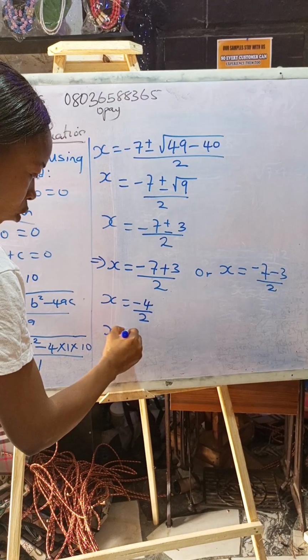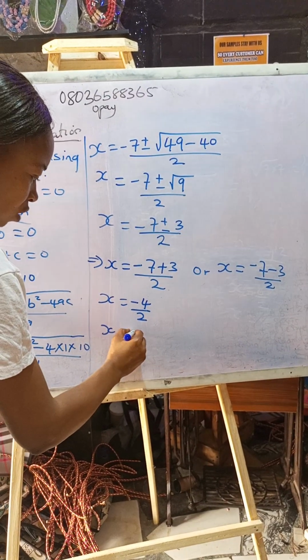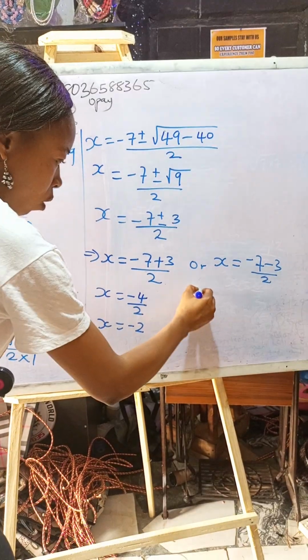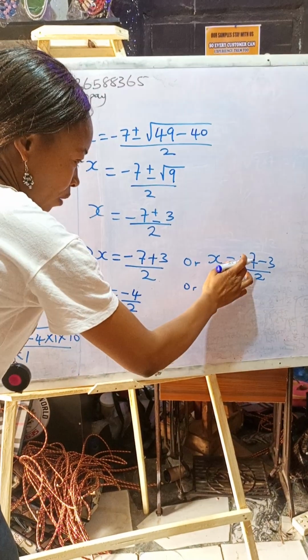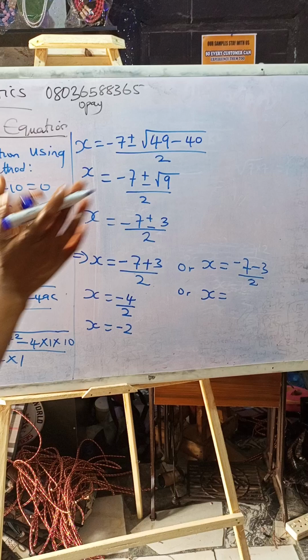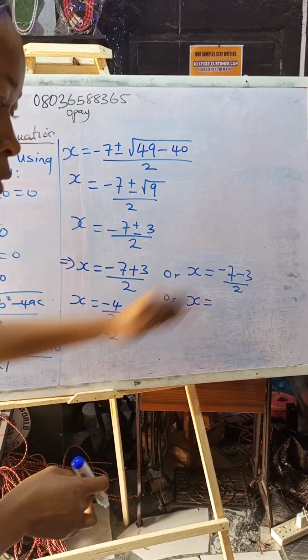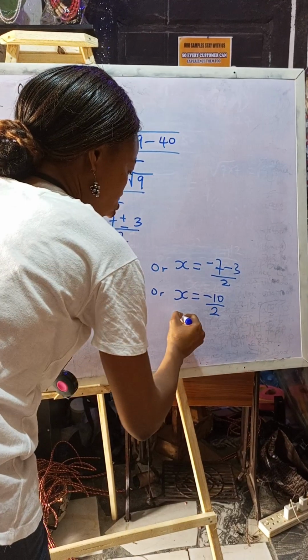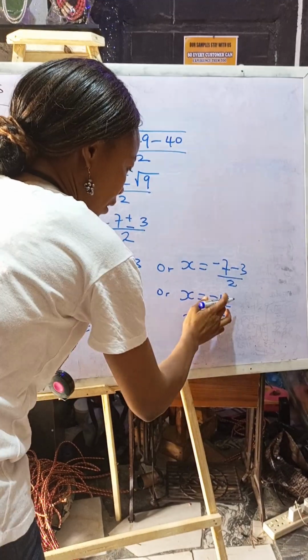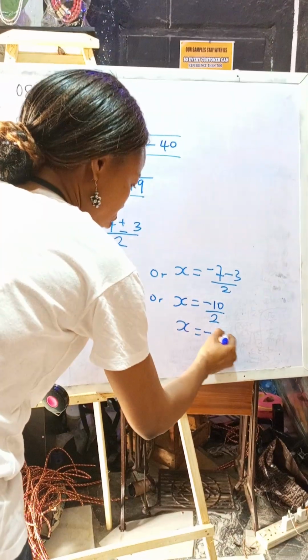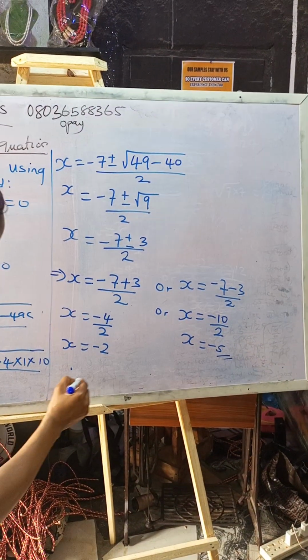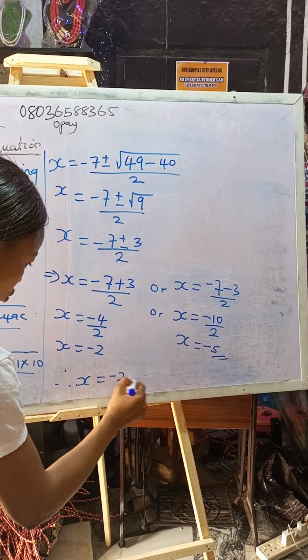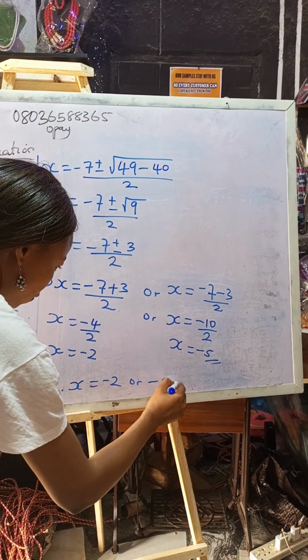So x equal to minus 4 divided by 2 is minus 2, or x equal to minus 7 minus 3, which is minus 10 over 2. So x equal to minus 10 divided by 2 is minus 5. Therefore x equal to minus 2 or minus 5.